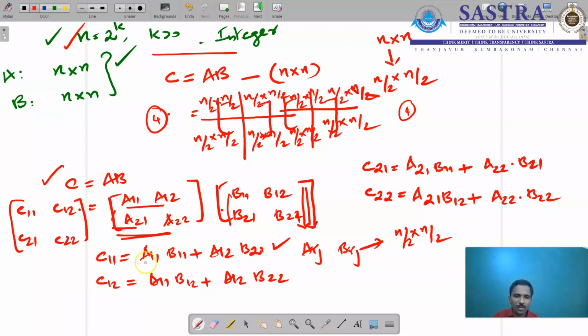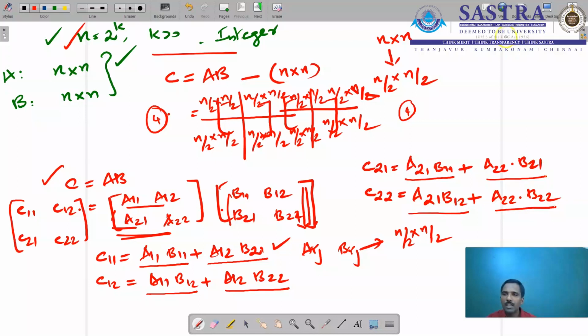For example, A11 into B11 is the first multiplication, A12 into B21 is the second multiplication. This is the third multiplication, this is the fourth, the fifth, the sixth, the seventh, and this is the eighth multiplication.